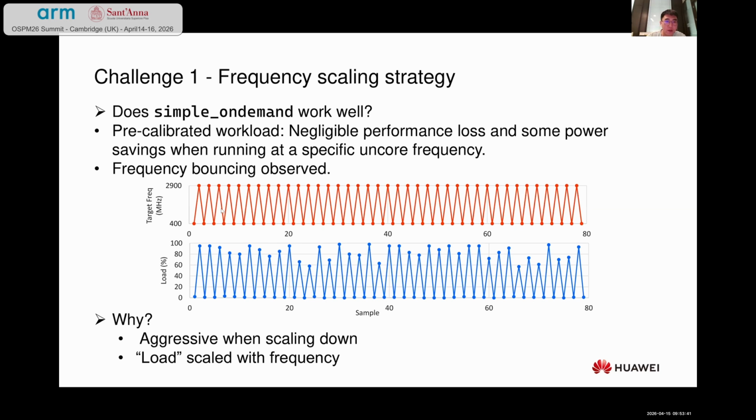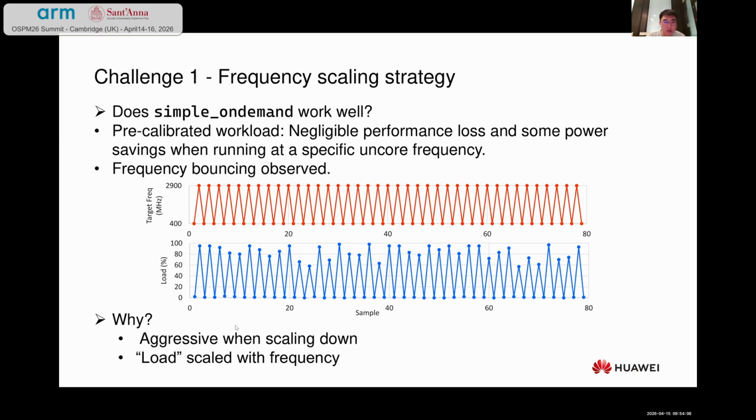The key thing is we observe frequency bouncing. It's like a ping pong effect. It just bounces between the minimum and maximum frequency, which is absolutely not what we want. And why is this happening?